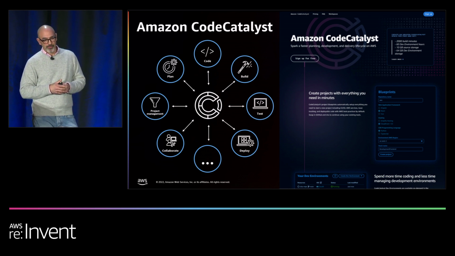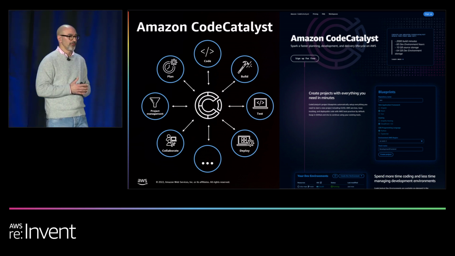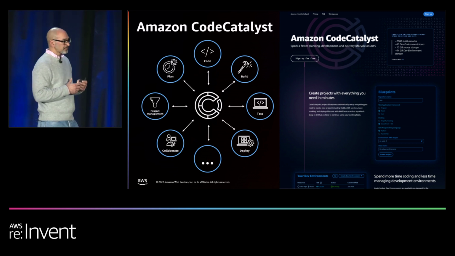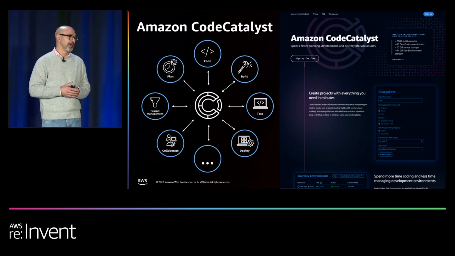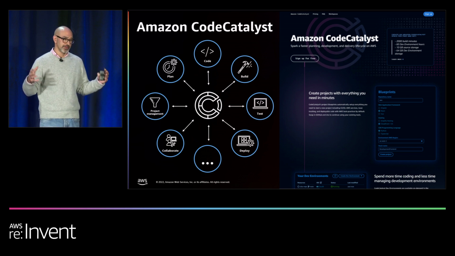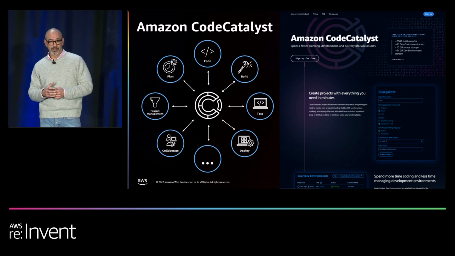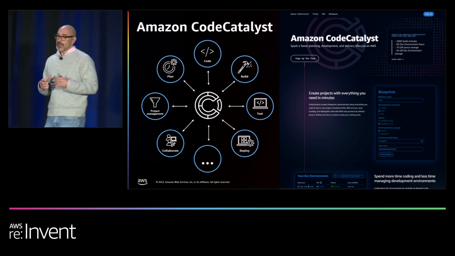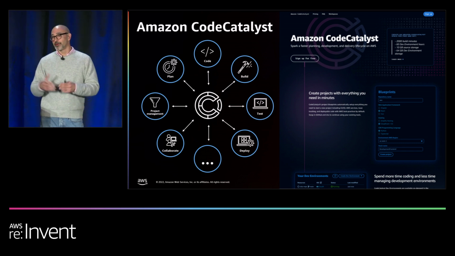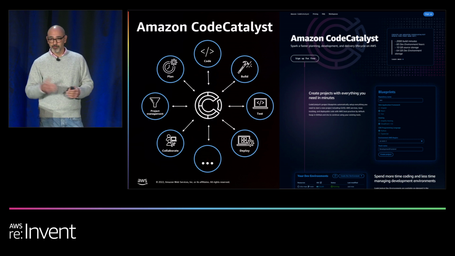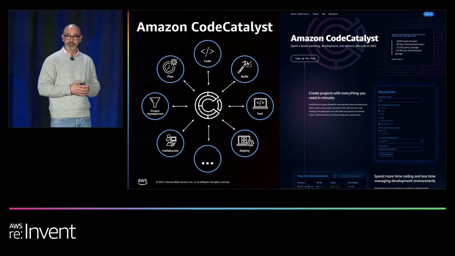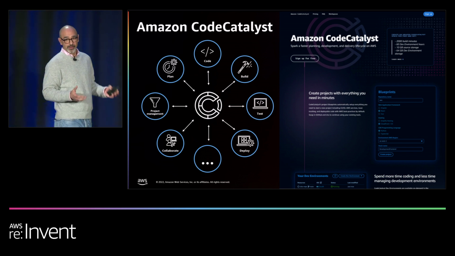And we also have the ability to very, very simply invite your colleagues and teammates into your space. And the space is sort of the top level container in CodeCatalyst for your projects. So you can do that just by sending an email. You enter in the email of the person that you want to invite, boom, they get an email, they click on it, brings them right into the space, and they're ready to go, they're ready to code.